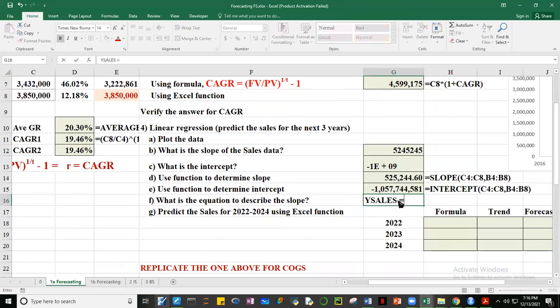The equation natin is equal to, okay, copy ko na lang 525,244.60 times your X, times X here. And that's minus, ano pa? Minus 1,057,744.581.